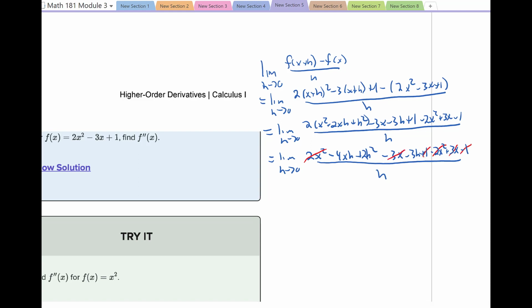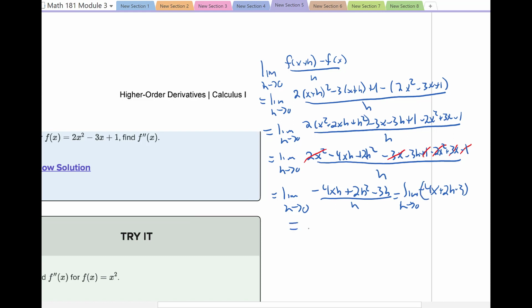And this leaves us with everything with just an h in it. So we have the limit as h goes to 0 of 4xh plus 2h squared minus 3h all over h. And if we divide an h out, we have the limit as h goes to 0 of 4x plus 2h minus 3, which will be 4x minus 3.